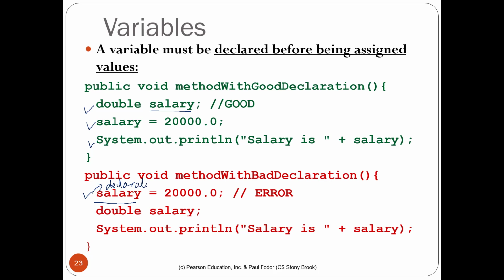Where is your declaration? So first you should have the declaration the way we have it first, followed by the initialization, which is wrong here. In fact it should come this way. Declaration should be your first statement followed by initialization, and then you should print it out.